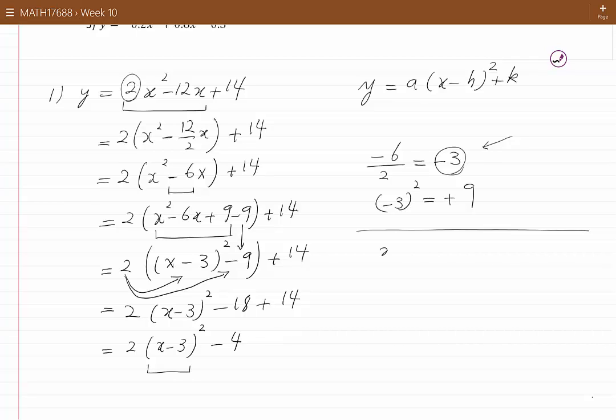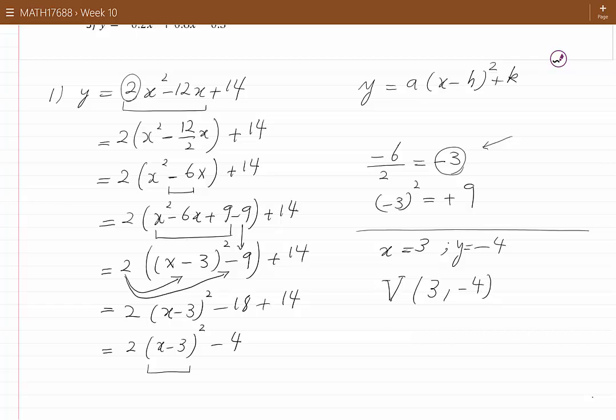That is x equal to 3. Because then you would have 3 minus 3, which is 0 squared, giving you 0. For this value of x, y becomes minus 4. These are the coordinates of the vertex. So I will write vertex has the coordinates 3 and minus 4.